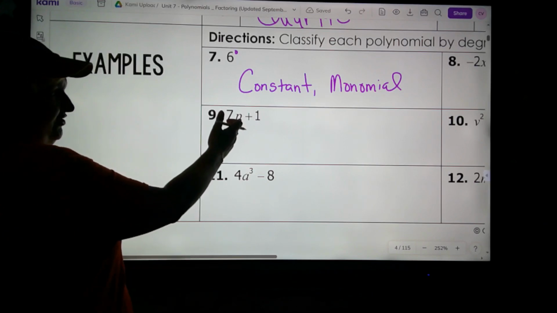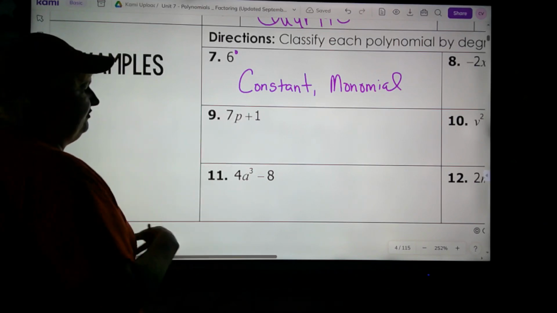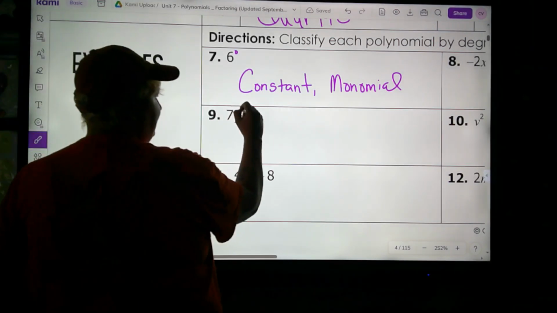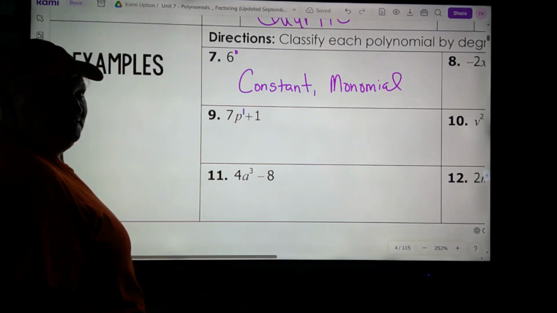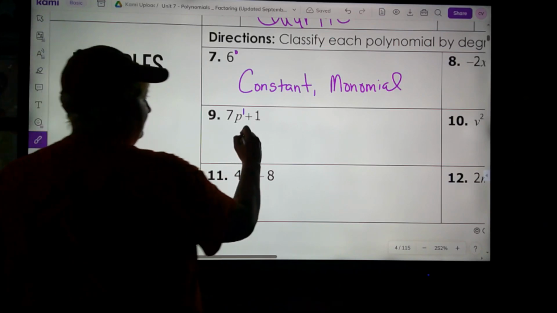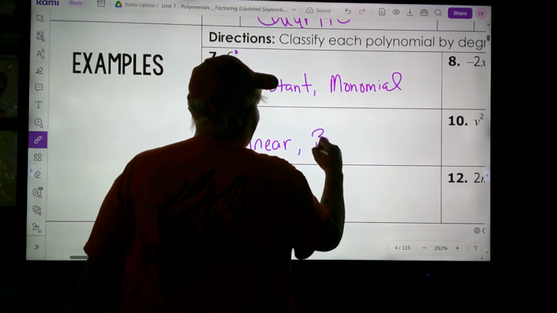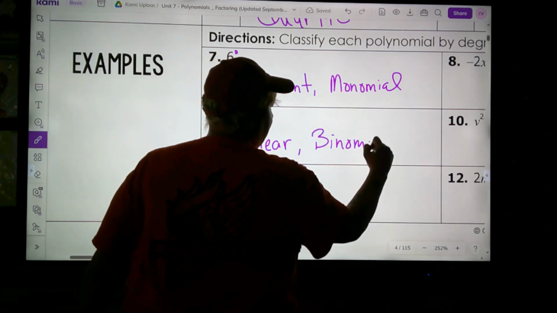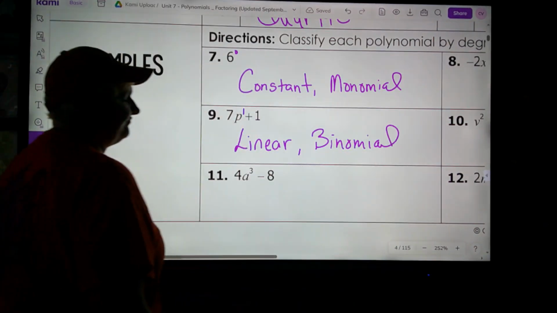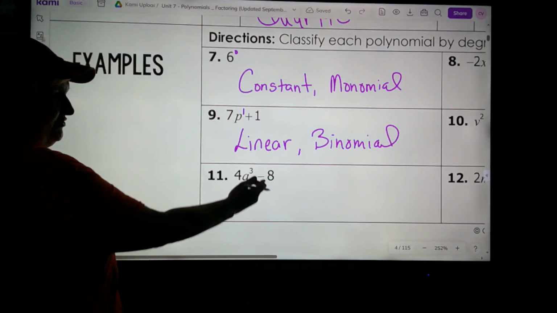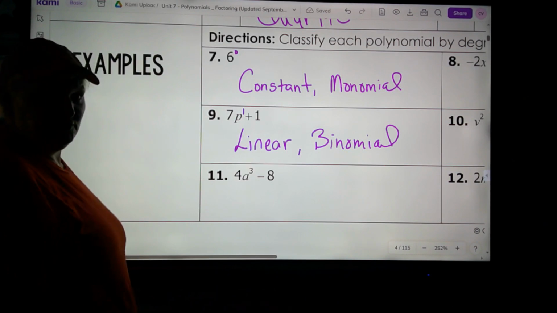This one has 2 terms, so we know it's going to be binomial. And the highest exponent is a 1, and that's linear. So it's a linear binomial. Again, 2 terms, so we know it's going to be a binomial.